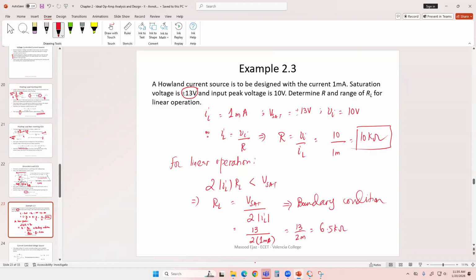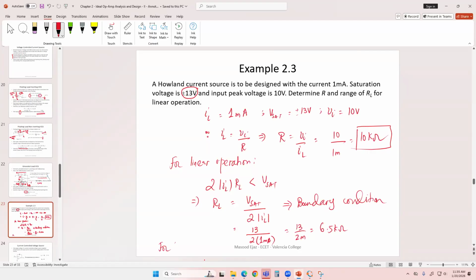If this value exceeds beyond 6.5 kilo ohm, and if your IL is 1 milliampere, then of course this is going to exceed 13 volt and will no longer operate in the linear zone. So the circuit is going to be an invalid circuit for a current source.